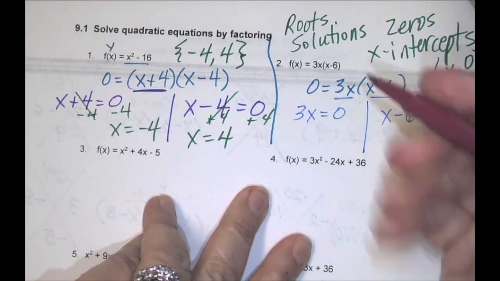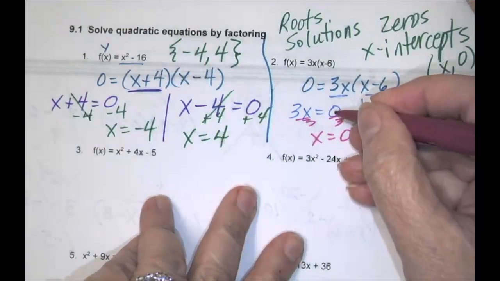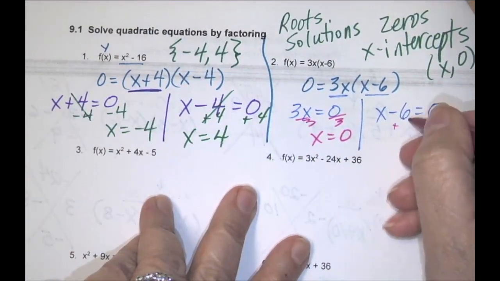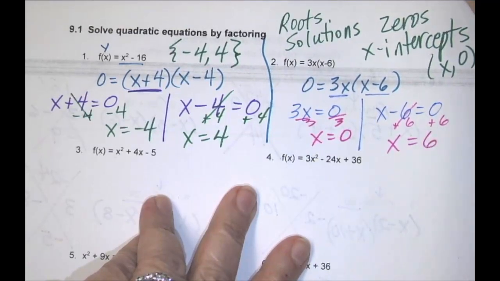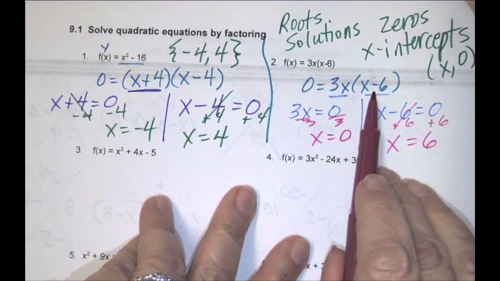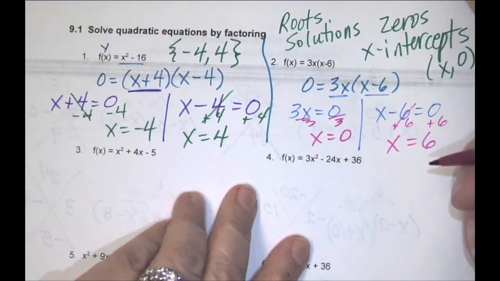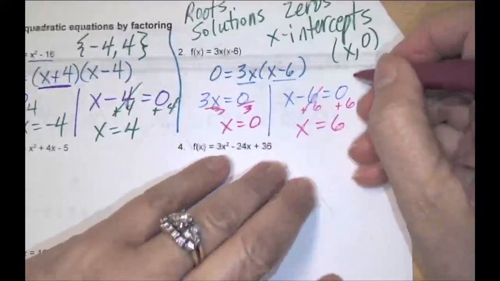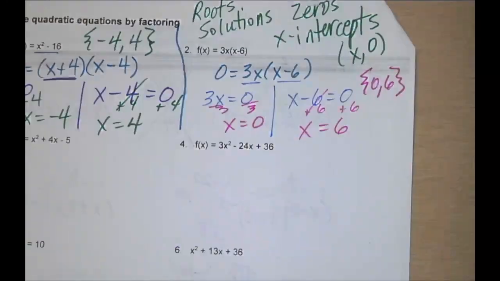So if this one's 0, divide by 3, x is 0, because 0 divided by anything is still 0. If this one is 0, x is 6. Do you see how it's the opposite of this, 6, and then this just has to be 0. So what are my roots on this one? 0 and 6.